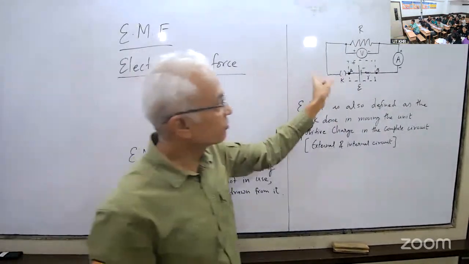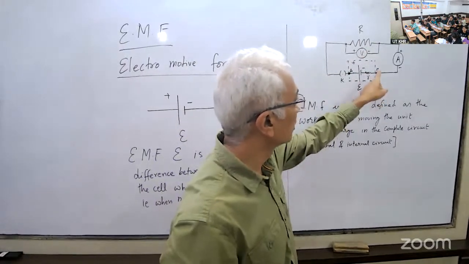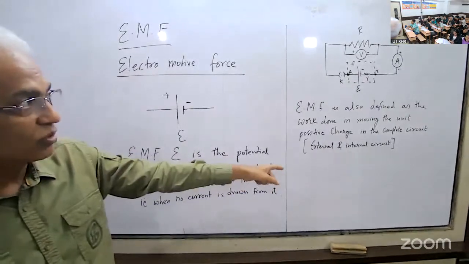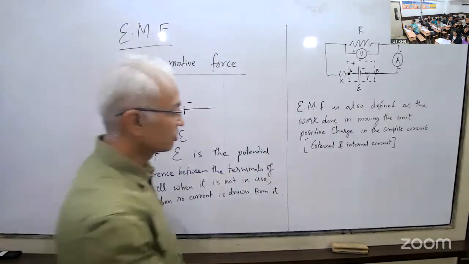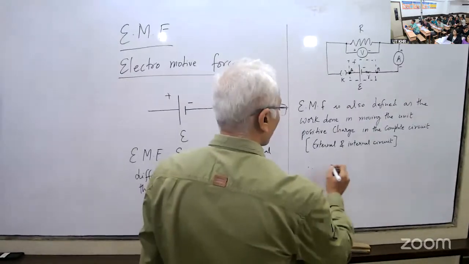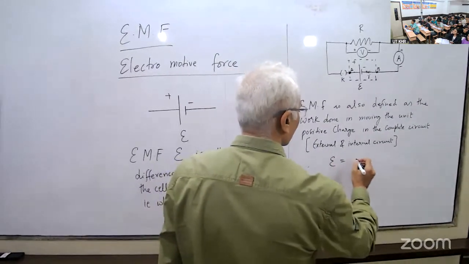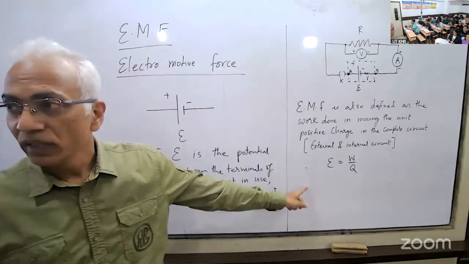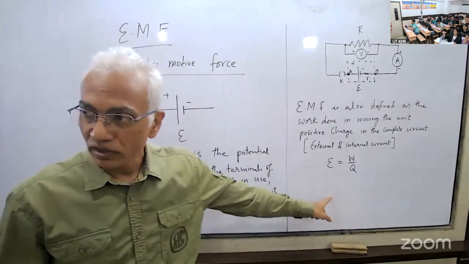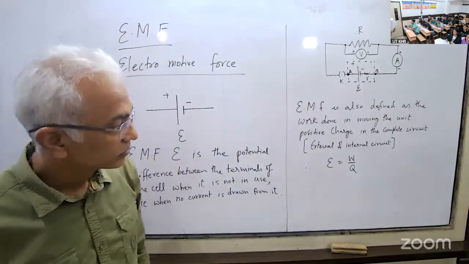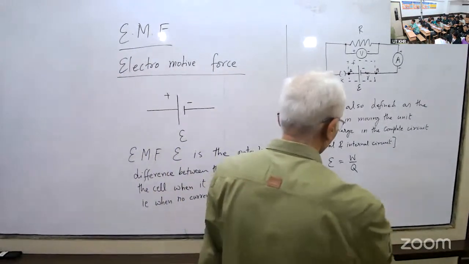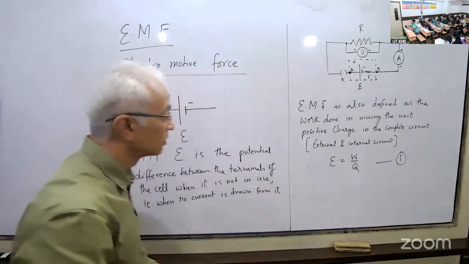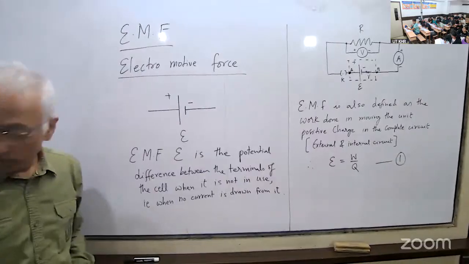If I have to write it in terms of an expression, it is work done per unit charge. So this is the equation form. We'll resume it in the next class.